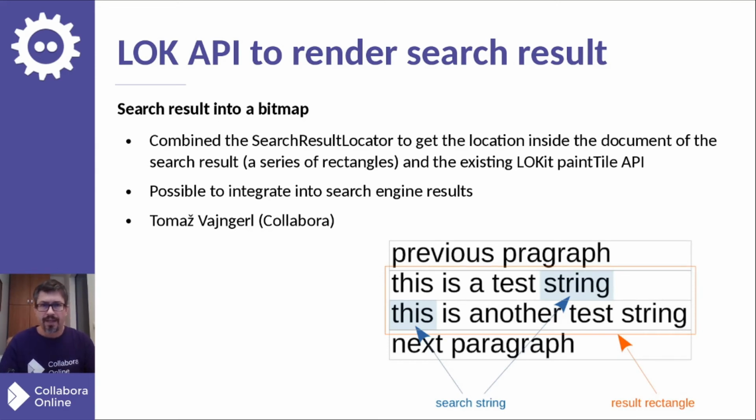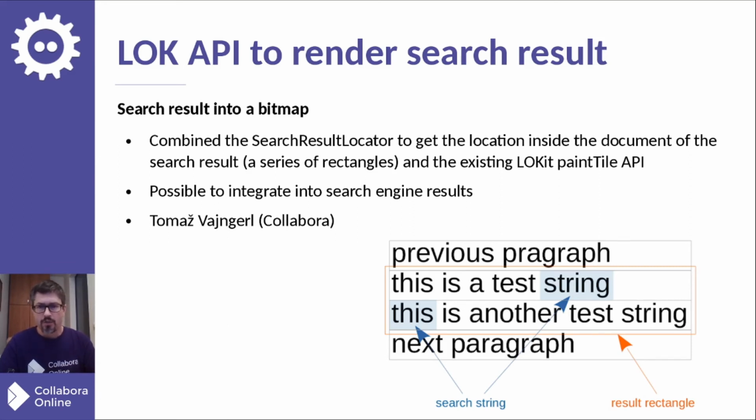Then another recent development was a LibreOfficeKit API to render search results. It is for another use case than Collabora Online, and this is for being able to use LibreOfficeKit in search engines.